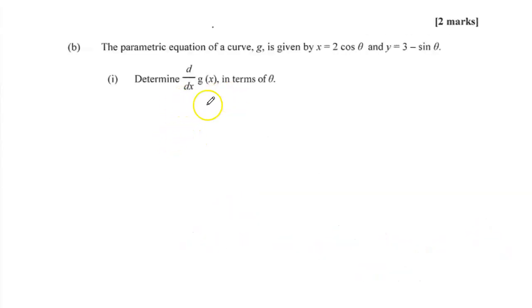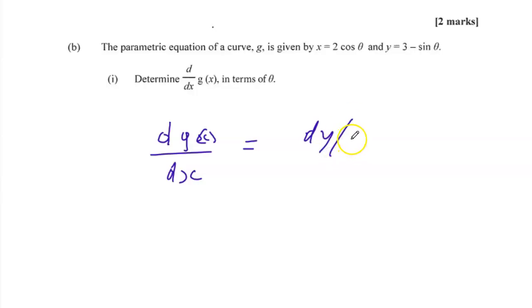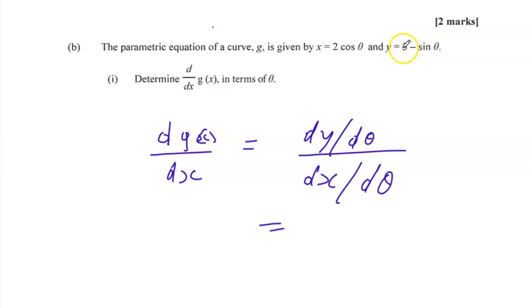So the parametric equation of a curve. Notice we need dy on dx. So differentiate the y. So it's dy by d theta upon dx by d theta. Now dy by d theta, differentiate the constant, you get 0, differentiate negative sine theta, that's negative cos theta.